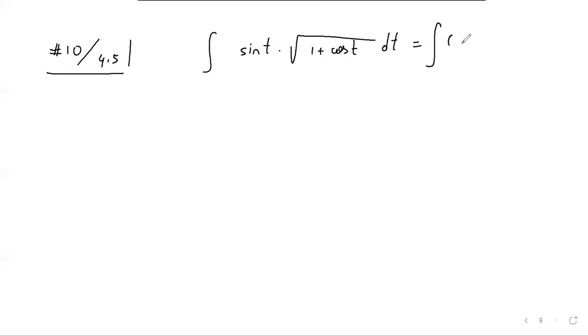So this is the power of 1 plus cosine t to the 1/2, that's the square root. And then it's times sine t dt, which is just moving things around in the formula. So I don't really do anything intelligent here, but I'm just trying to explain to you that this is truly the same, the power, and this would be the derivative.